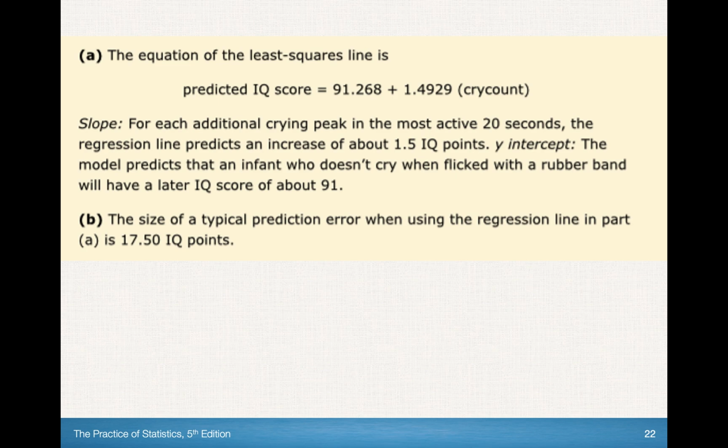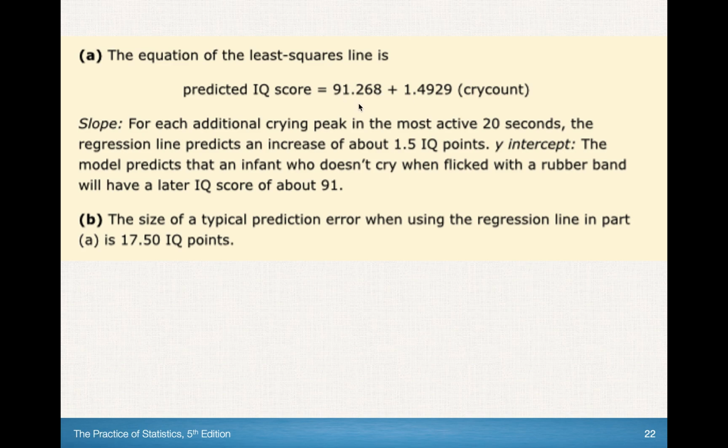So every increase of 1 in x, x being the cry count, increases y by 1.5, where y is the IQ points. The y-intercept predicts that an infant who doesn't cry when they are flicked has an IQ of about 91, or 91.268, because that would be when the x value is 0.